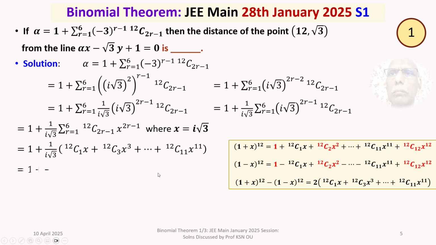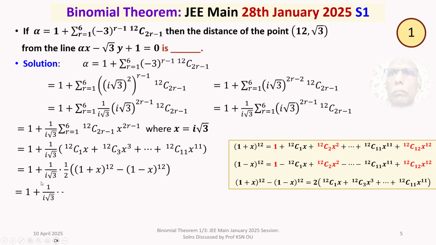So this is equal to 1 plus 1 by i root 3 into 1 by 2 into (1 plus x) to the power of 12 minus (1 minus x) to the power of 12. Agreed?